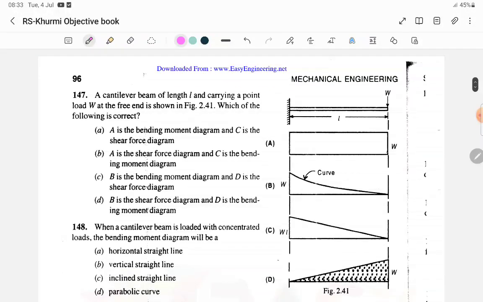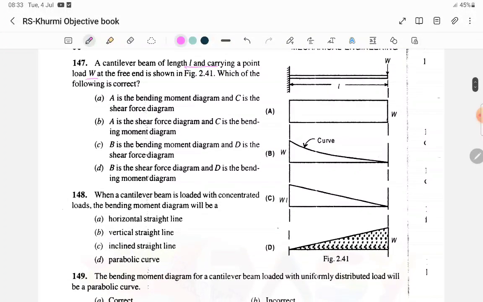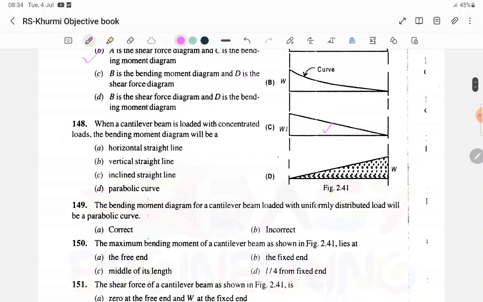A cantilever beam of length L carrying a point load W at the free end is shown in the figure. Which of the following is correct? A is the shear force diagram and C is the bending moment diagram. So this is the rectangle, meaning the second one should be linear. This is 0 degree, this is 1 degree. The cantilever beam is loaded with a concentrated load.